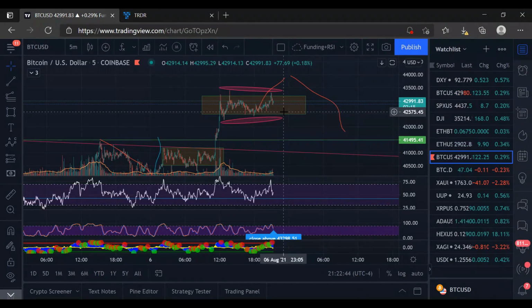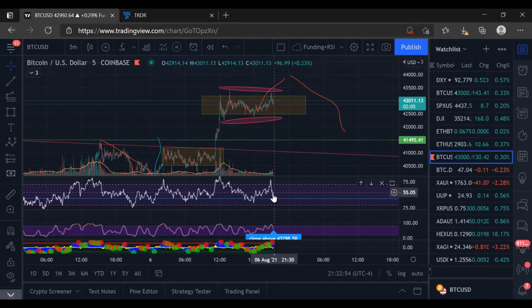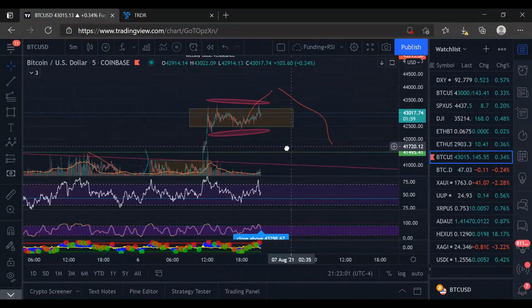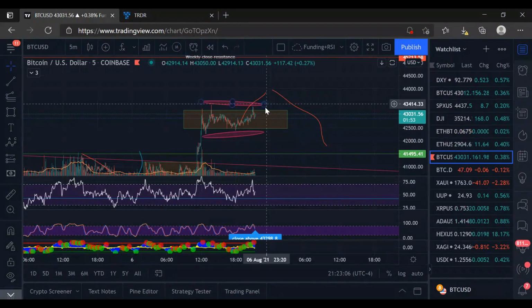You could take a long and ride that wave 5 up. Be quick to take profits at the top of the range, though, and expect some downside from there. We should be getting the bearish divergence on the 5 and 15 minute at that point. So that would be a valid short. Keep your stops close. Personally, I would be taking a short if price comes back into the consolidation box. My stop loss would be at the high at that point, expecting further downside.